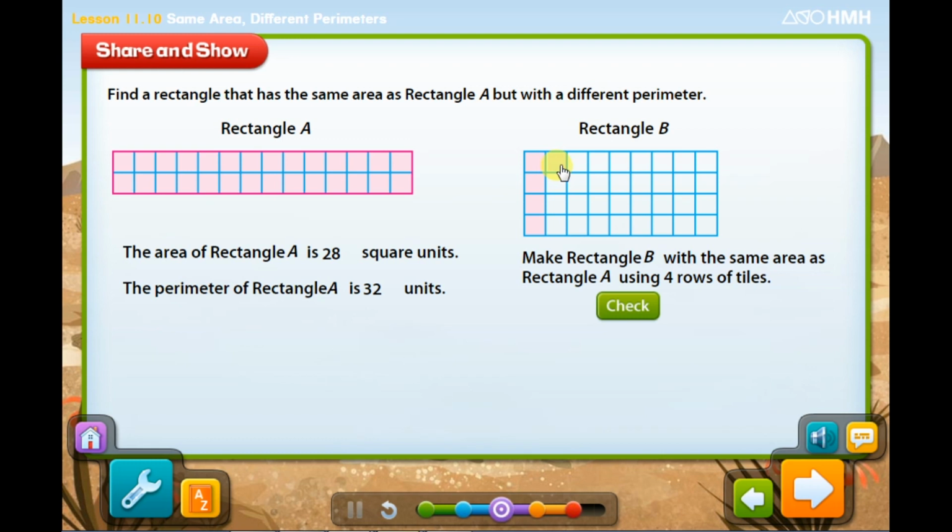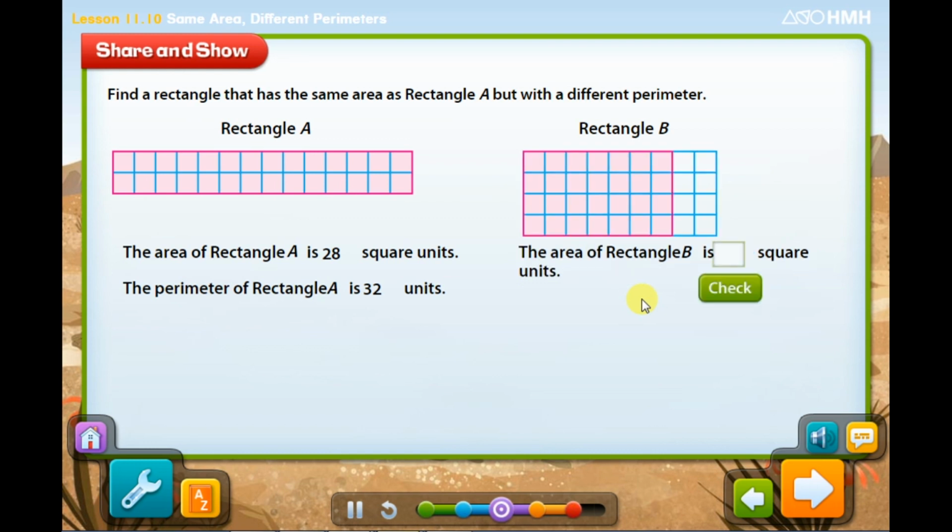So this is 1, 2, 3, 4, 5, 6, 7. So this means now the area will be 4 rows, and the number in each row is 7. So 4 times 7 will be 28, which is the same area. Let's check. Good job! That's the right size for rectangle B.